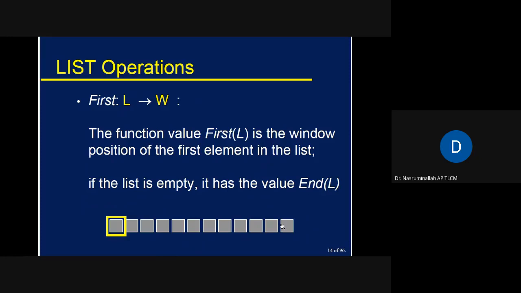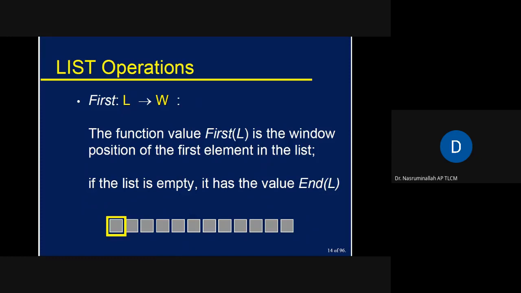If you pass this list to the first function, which performs the operation first, this function will return a window location which will be focused on, or representing, the first element within the list.